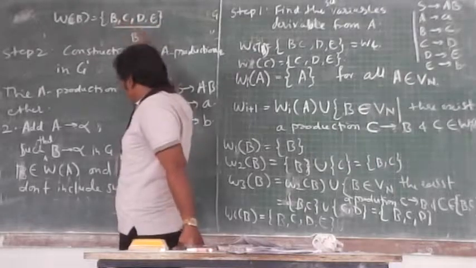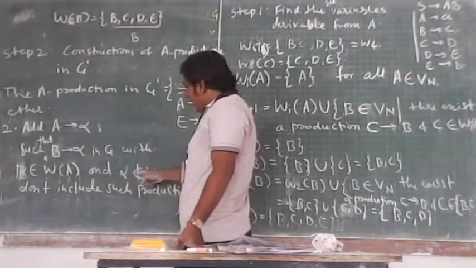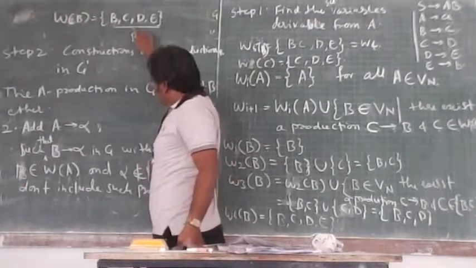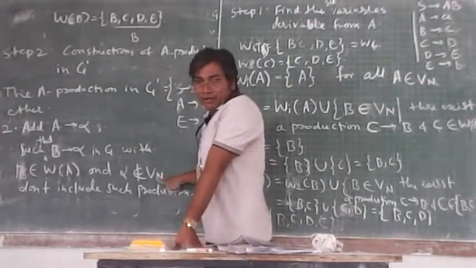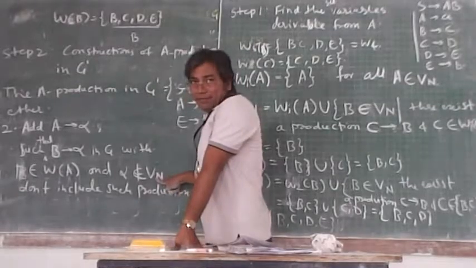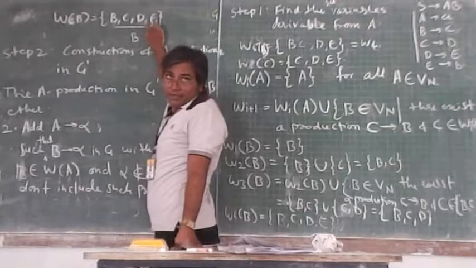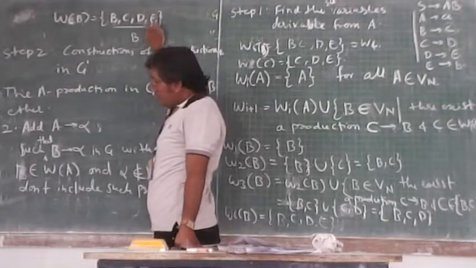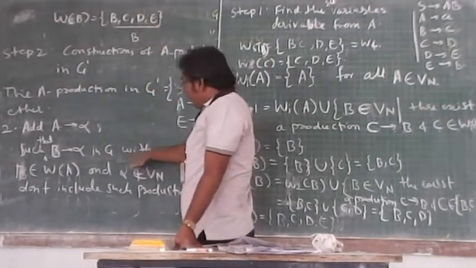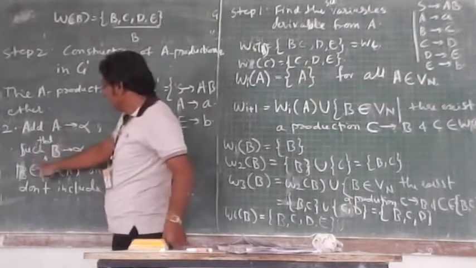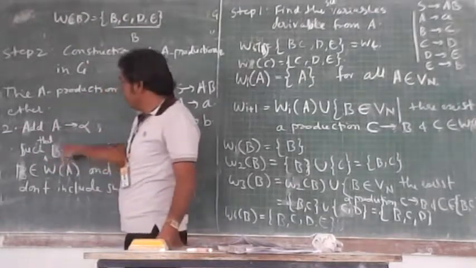You have to see for this condition that no B should belong to any variable. So in this case, B is what? This set, and what is this B? B is at the time A.